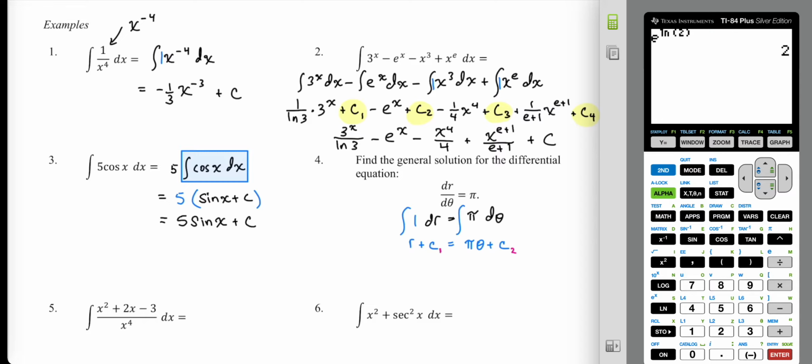So I can actually perform the operation of subtraction. But just like here, when I added all these constants, and all I ended up with is one other constant that absorbed all the others, that's the same idea that is going to be in play when I subtract. So I'd be looking at r is equal to pi theta plus c.